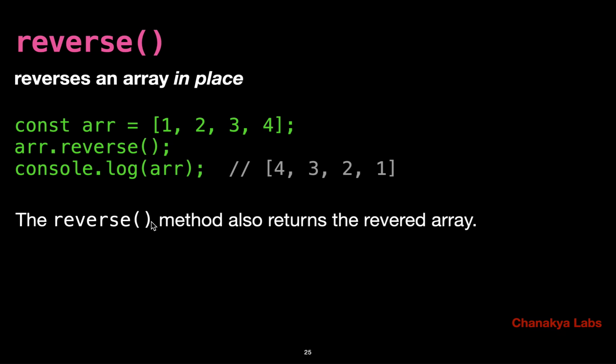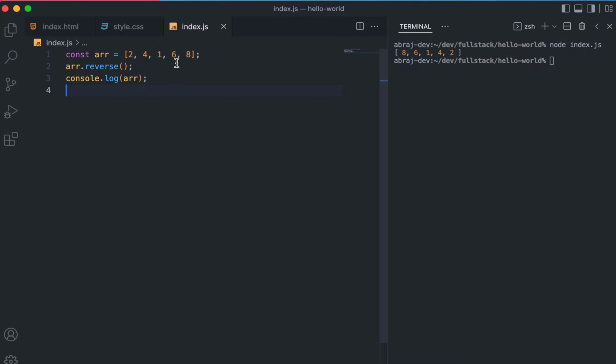Now the reverse method also returns the reversed array. Sorry, there is a typo here. So if I assign it to a new variable, let's say arr2, and print arr2, then that is also the same thing.